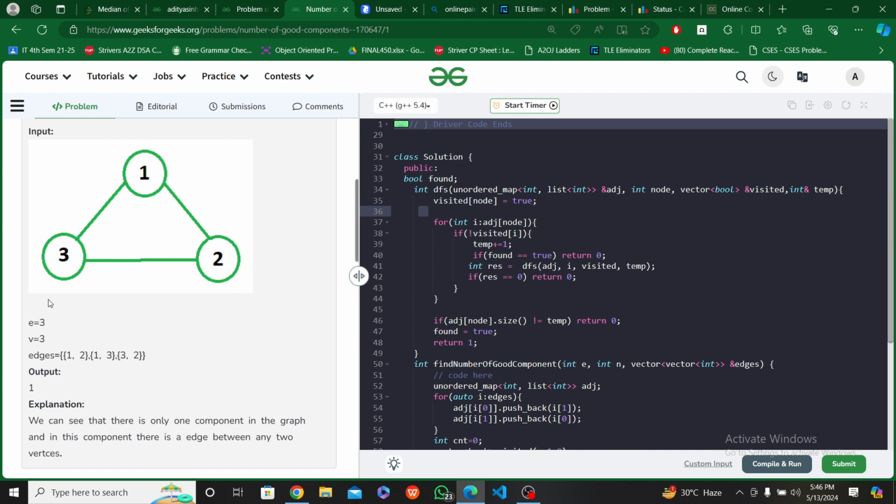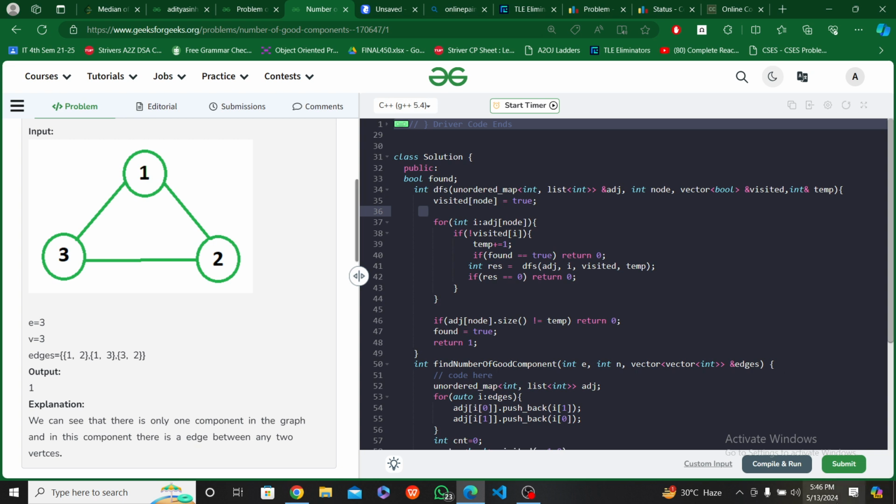During the backtracking, I check that the number of edges should be equal to the length minus 1. Definitely it will equal 2, and similarly for 2 and 1. But I don't know where the problem is, and 4 test cases did not pass at that time.